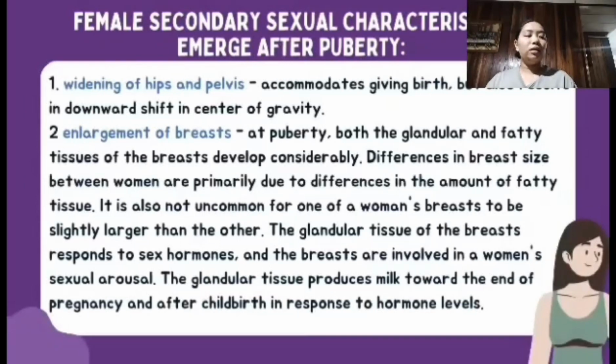The glandular tissues produce milk towards the end of pregnancy and after childbirth in response to hormone levels.